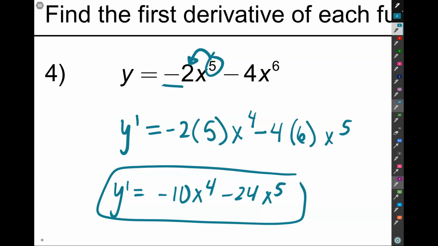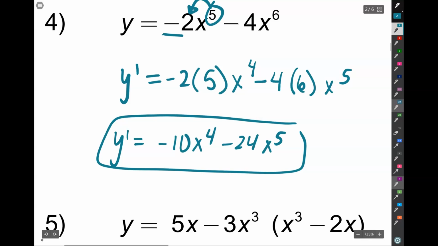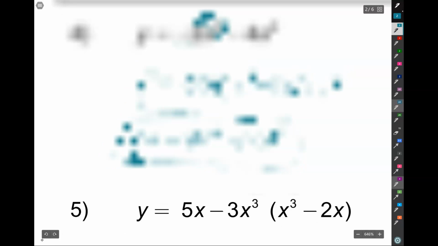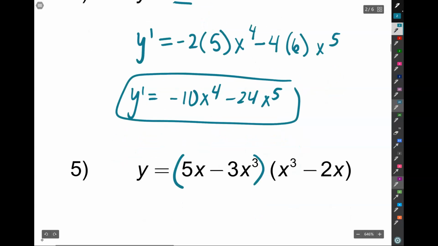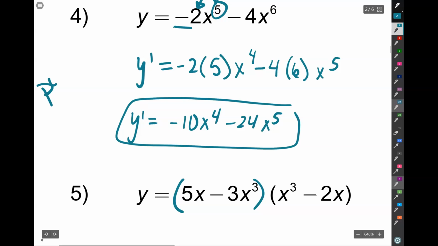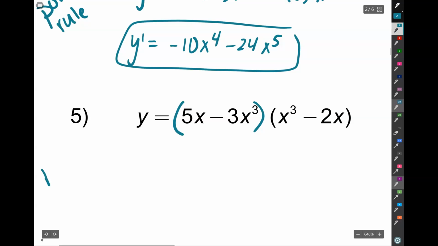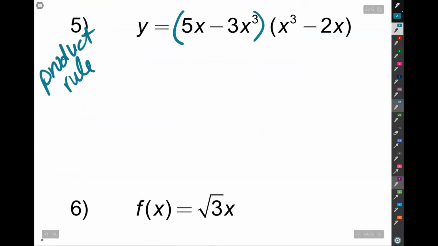Cool. All right, next one. Let's see. Tali, what do we use here? So for number 4, we use the power rule. But for number 5, I have two different functions being multiplied.